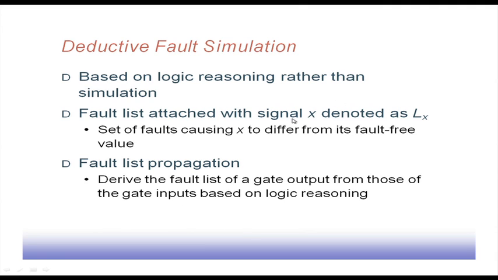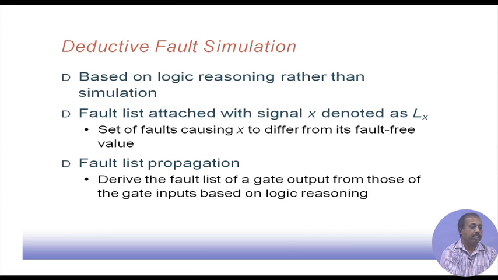Every signal line x has a fault list Lx attached to it. What does Lx contain? It contains the set of faults causing x to differ from its fault free value. So, these are basically the faults in the circuit that could be detected if you look at point x.